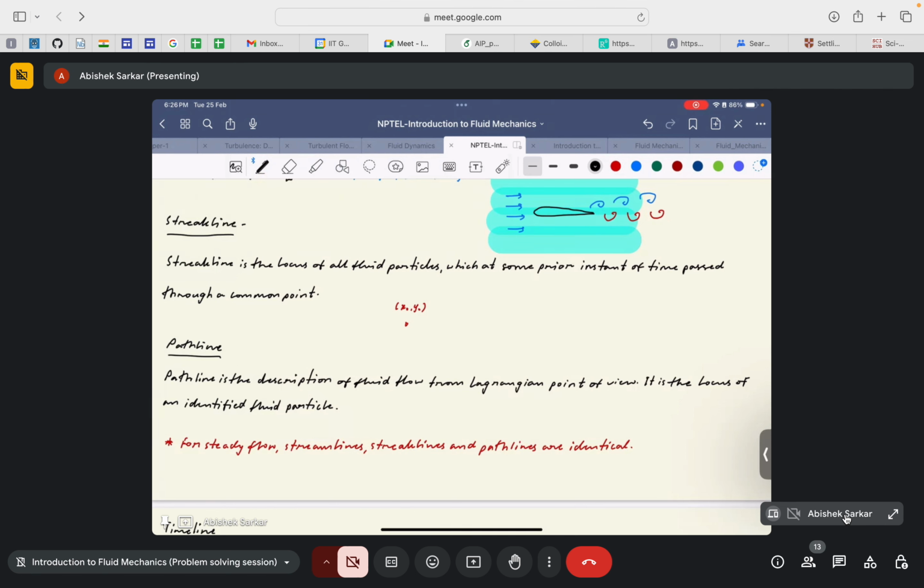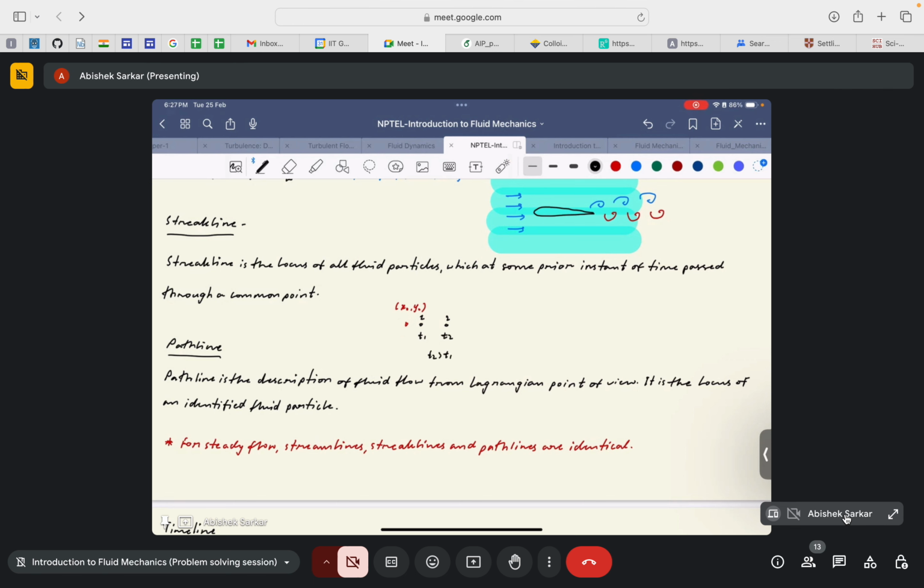So for example, molecule 1 might have passed through it at an instant t1. Then molecule 2, and molecule 2 might have passed this point at a time t2, where t2 is greater than t1.